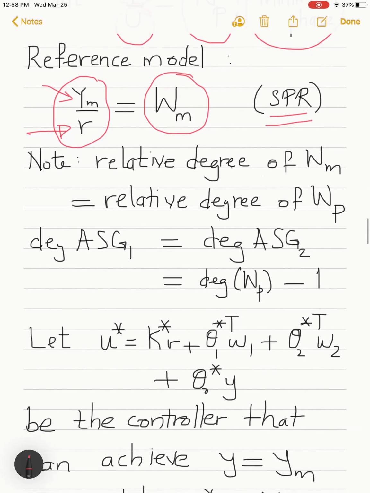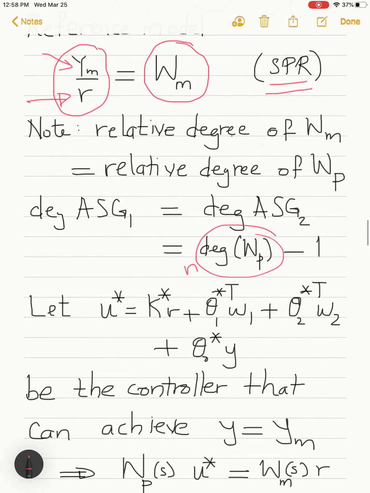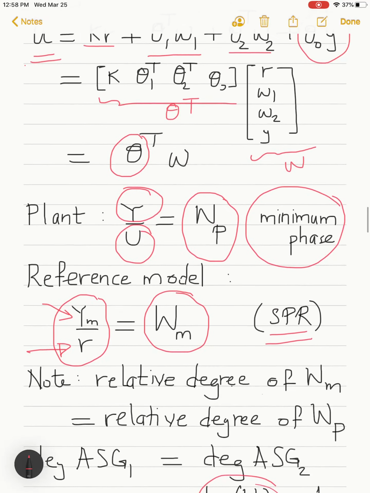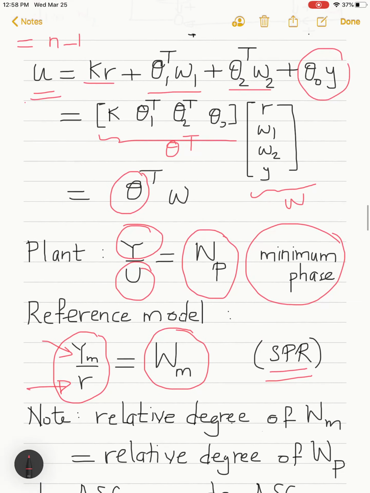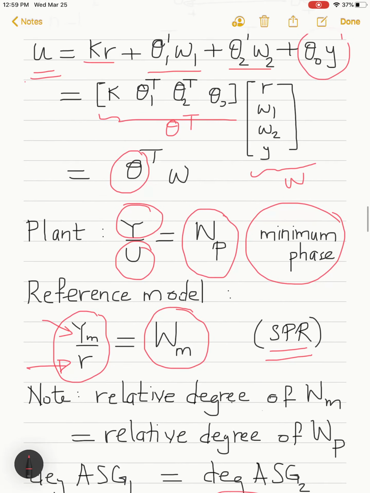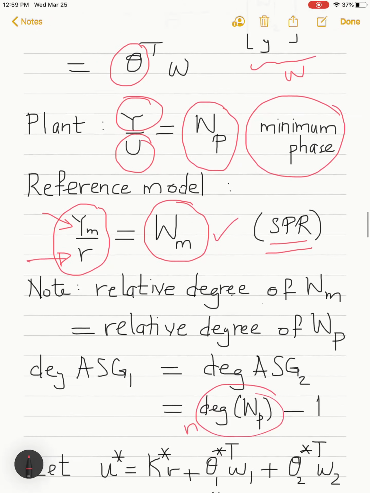As I said, the degree of the auxiliary signal generators would be the degree of the plant minus 1, assuming this to be n. Now, if we know the transfer function of the plant WP, we would be able to select theta so that the closed loop system would have a transfer function similar to Wm.